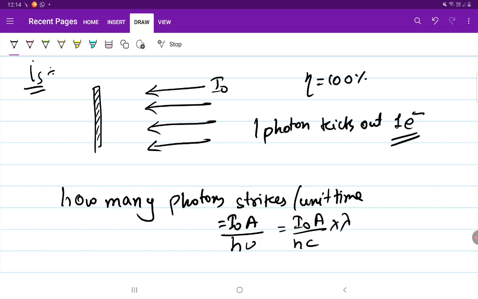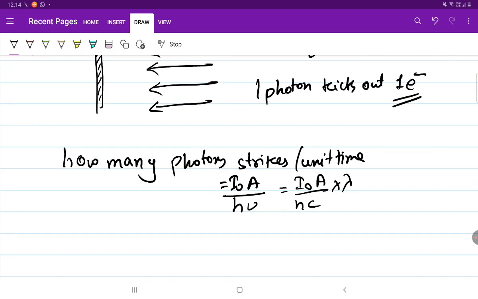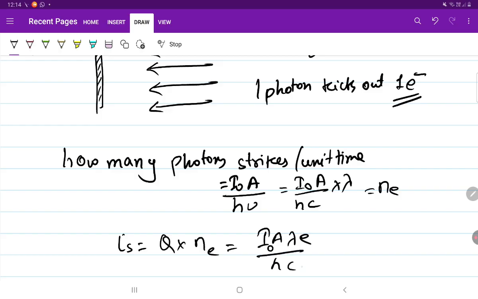Get it? And the current will be just charge into the number of charge carriers, which is given as Ne, and finally you will get I naught A lambda E by hc as the saturation current.